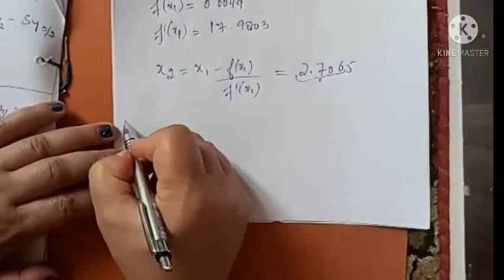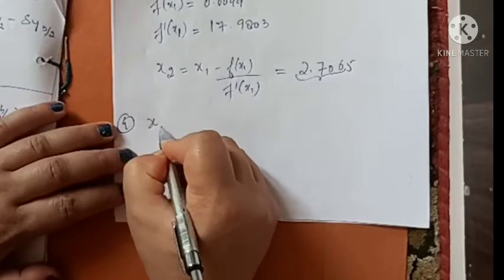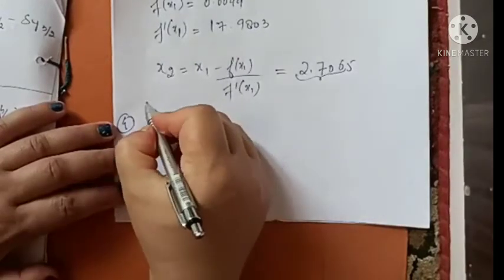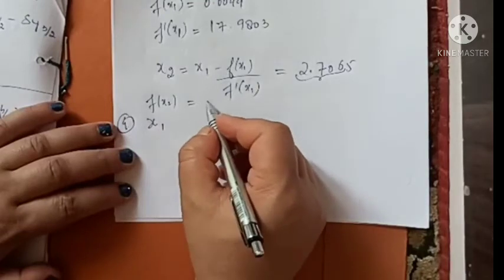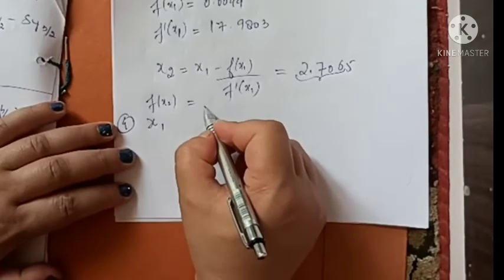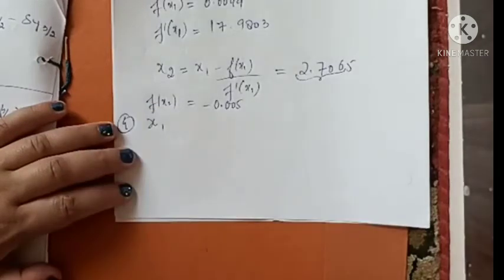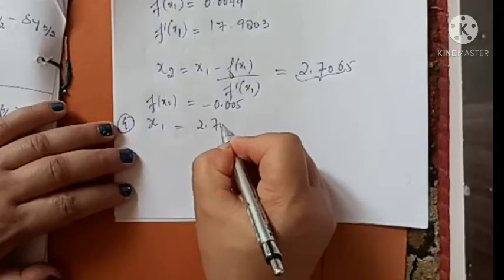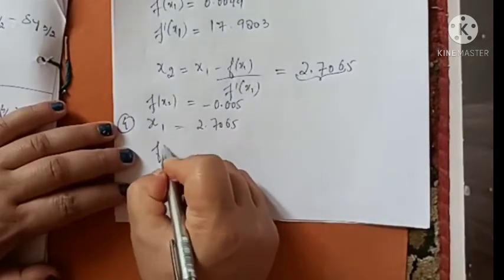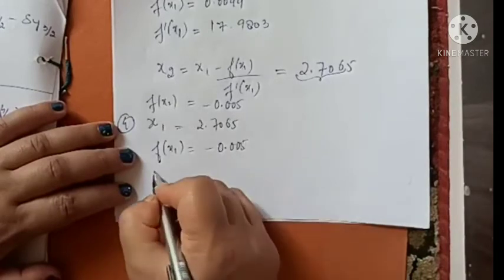Let us do one more iteration so that we are sure. Calculate the value of f of x2 by yourself at this point of time, which will be equal to minus 0.005. So x1 will be equal to 2.7065. f of x1 will be equal to minus 0.005.